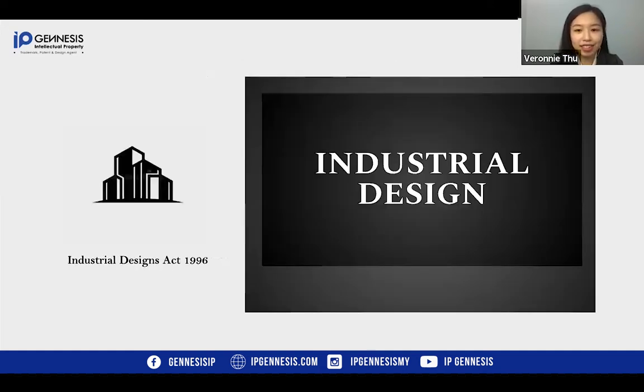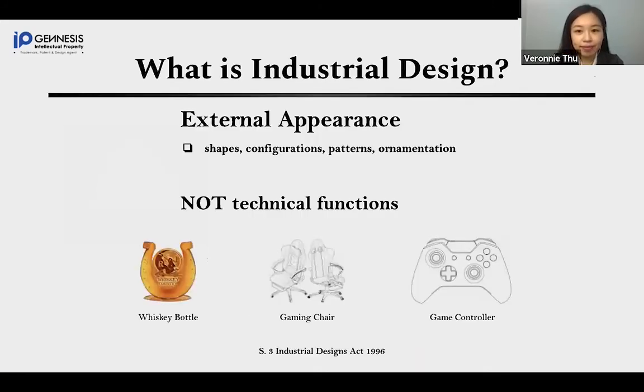And lastly, industrial design, governed under the Industrial Designs Act 1996. So if you have a design which is unique and you wish to protect it, this falls under industrial design. Industrial design only protects the external appearance of a product, like shapes, configurations, or patterns.